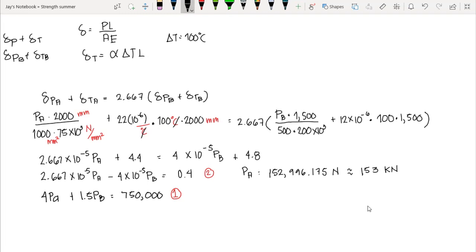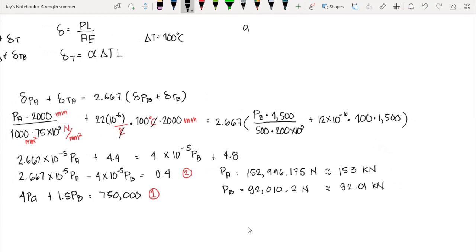Okay, we can round it up. Now for PB, we have 92,010.2 Newton. So therefore, we could say that it is 92.01 kilonewton.